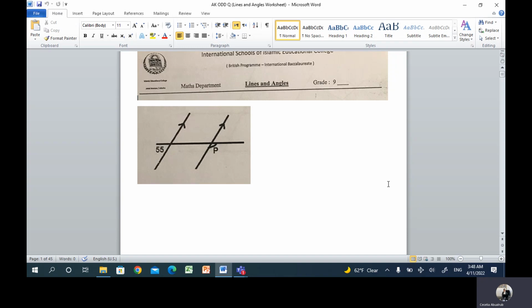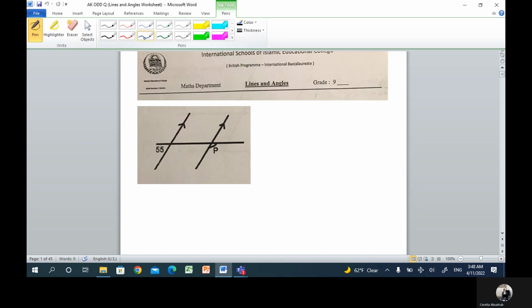Okay, so if we look here at this question, always start with the angle that is given. So, for example, the 55. If this is 55 degrees, then this one is 55 degrees. Why?